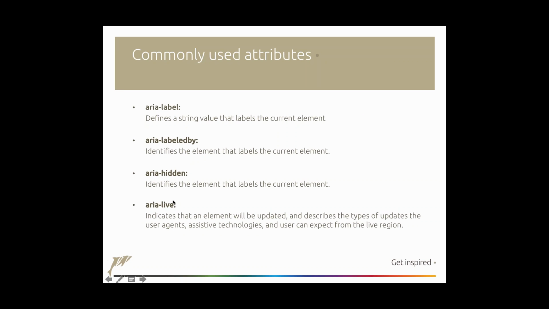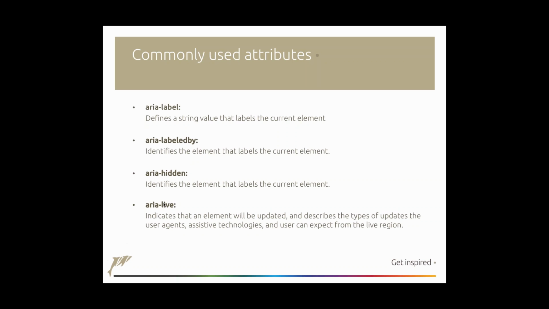And area live is important, and that's quite well incorporated in Apex. If you have dynamic content, so if you are updating a region, you tell the screen reader, if this region is updated, please speak up the changes.